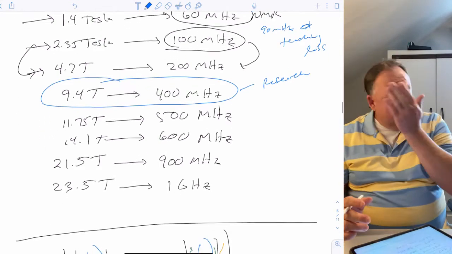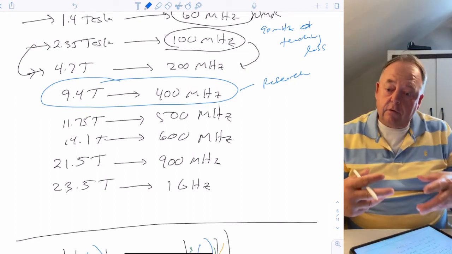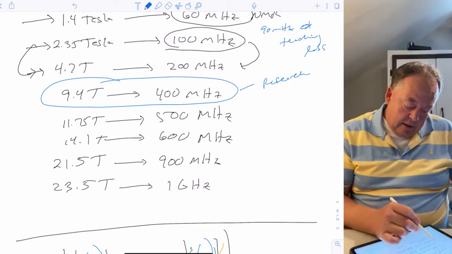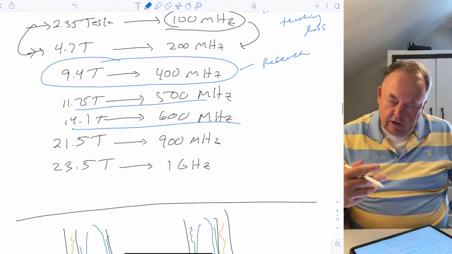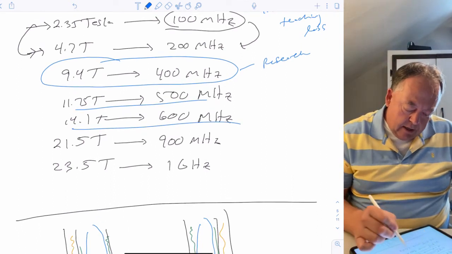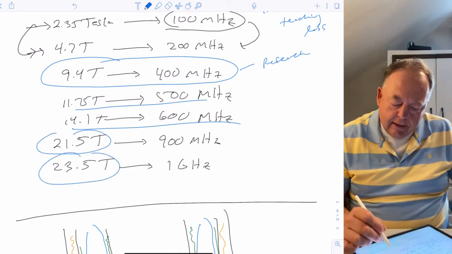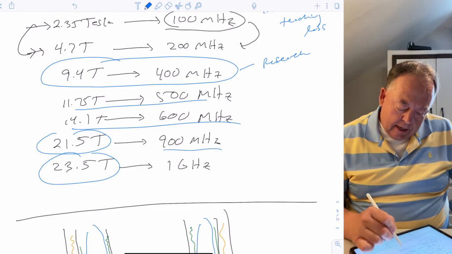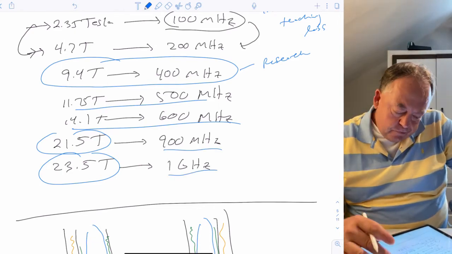Okay, but anyway, the point is different NMRs basically have different magnetic fields. And so 500 megahertz, 600 megahertz NMR, and the top of the line NMRs can have 21.5 or 23.5 Tesla magnets. So that would be a 900 megahertz NMR or a 1 gigahertz NMR.